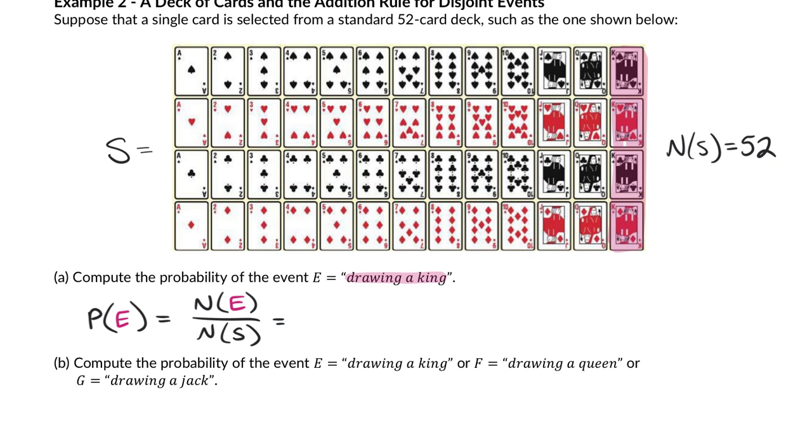You just told me that there are 4 kings out of the entire sample space of 52 cards. 4 over 52 means I have a 1 in 13 chance of randomly drawing a king from one card. Now, does that make logical sense to us? There's 4 kings in a deck of 52, so we have a 1 in 13 chance of getting a king.